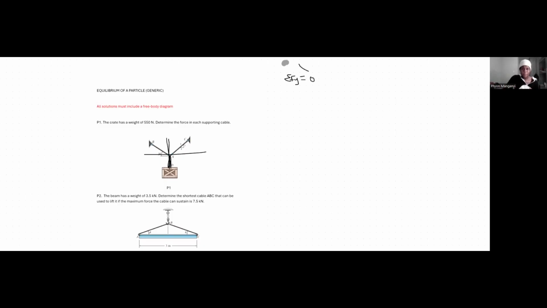And then sum of forces in the x direction, I mean this, will be equal to zero.